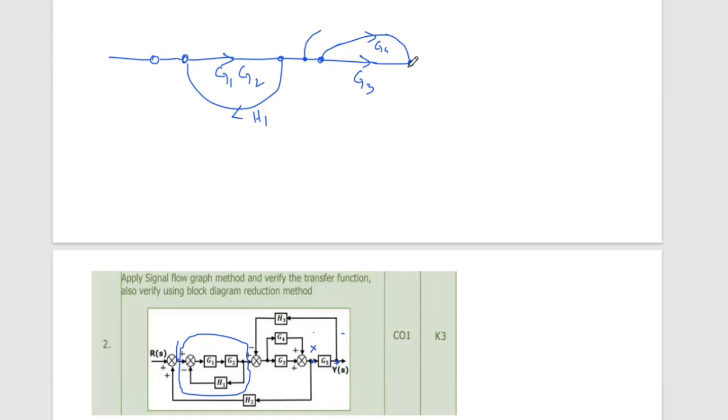This output is going to the first point. This is H2. T5.